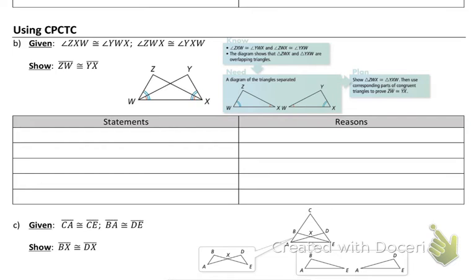And I try to help us a little bit by drawing a diagram off to the side. So we already have stuff marked up for us. We just have to write down our given. So let's go ahead and mark down our given. We have angle ZXW is congruent to angle YWX, and angle ZWX is congruent to angle YXW.